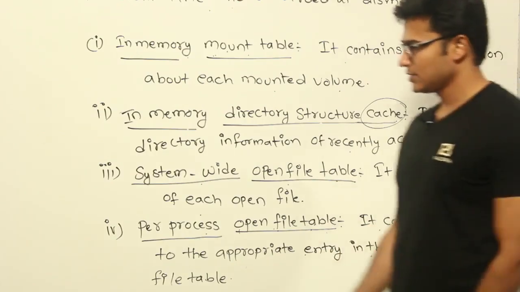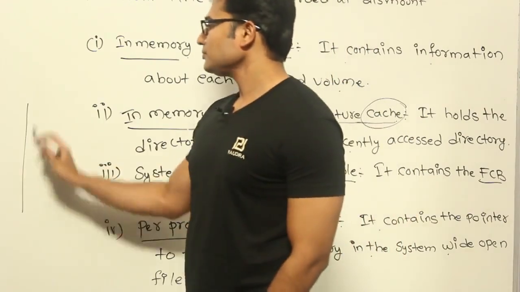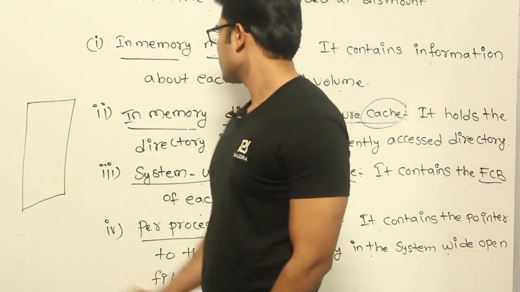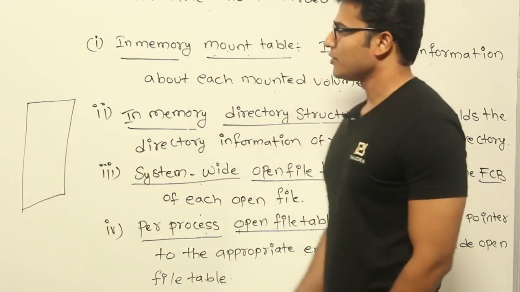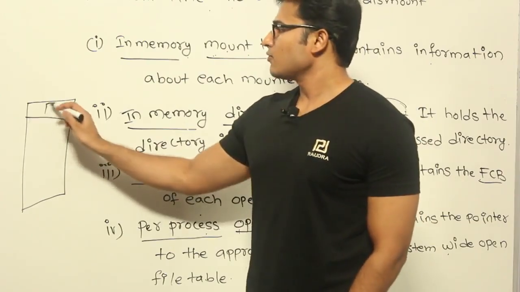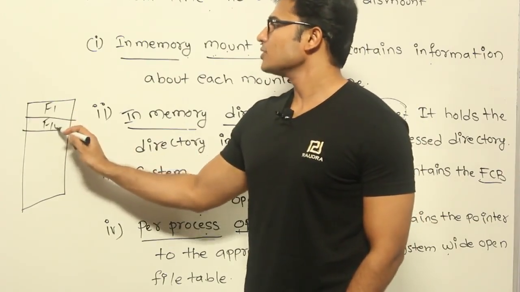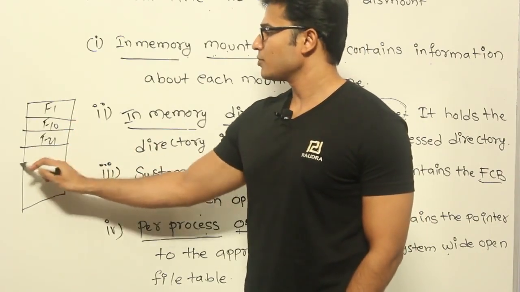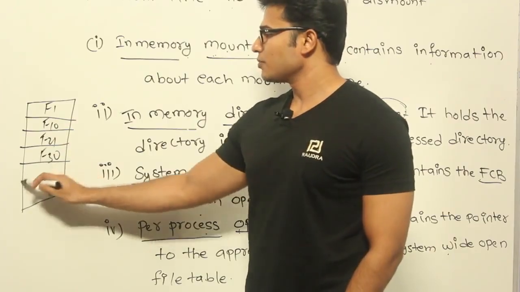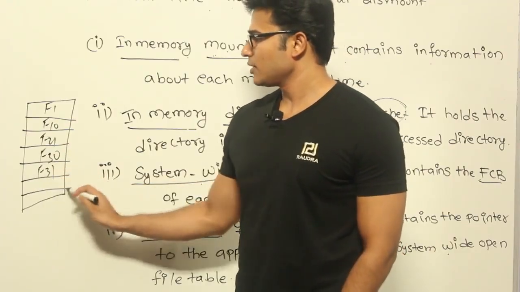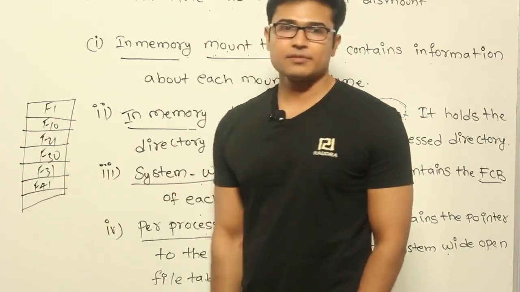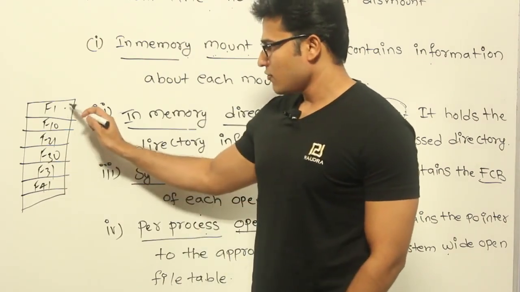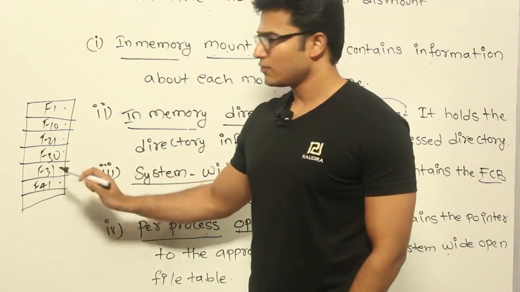So what it means is, let us assume that the system-wide open file table says that file number 1 is open, file number 10 is open, file number 21 is open, file number 30 is open, file number 31 is open, and file number 41 is open, right? Now these are nothing but the file control blocks of these particular files.